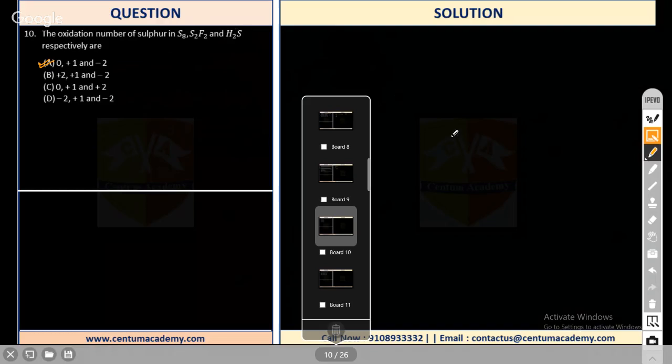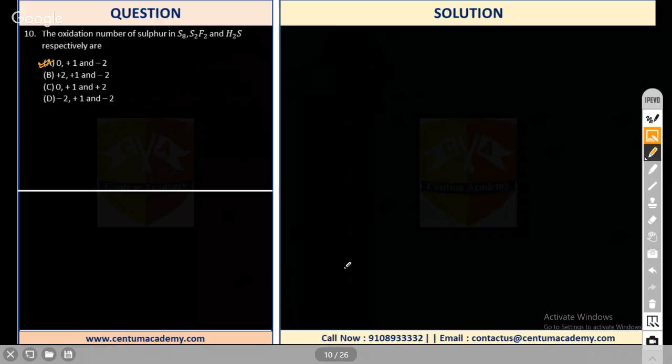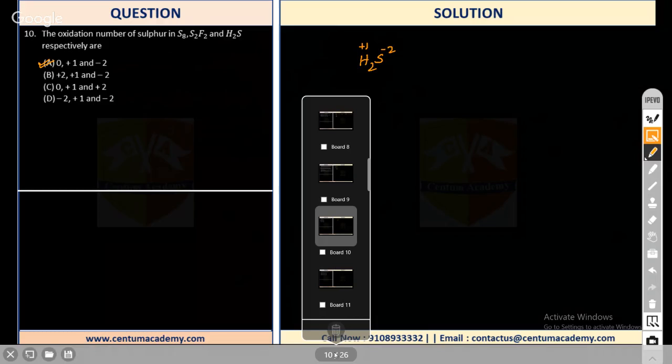Why is it C? H2S you consider like H2O only. H2S is similar to H2O, where sulfur is -2 and hydrogen is +1. That's why it is -2. Okay, the 10th one is A.